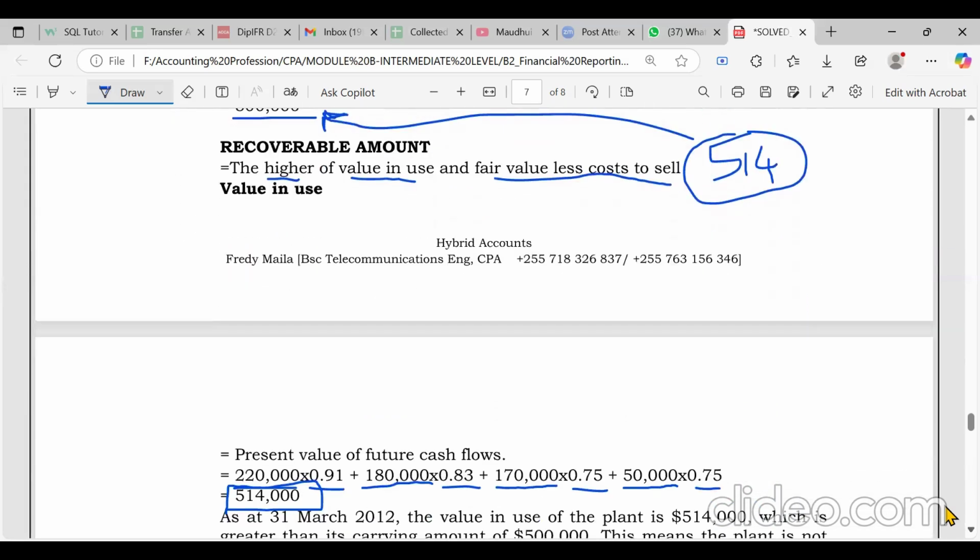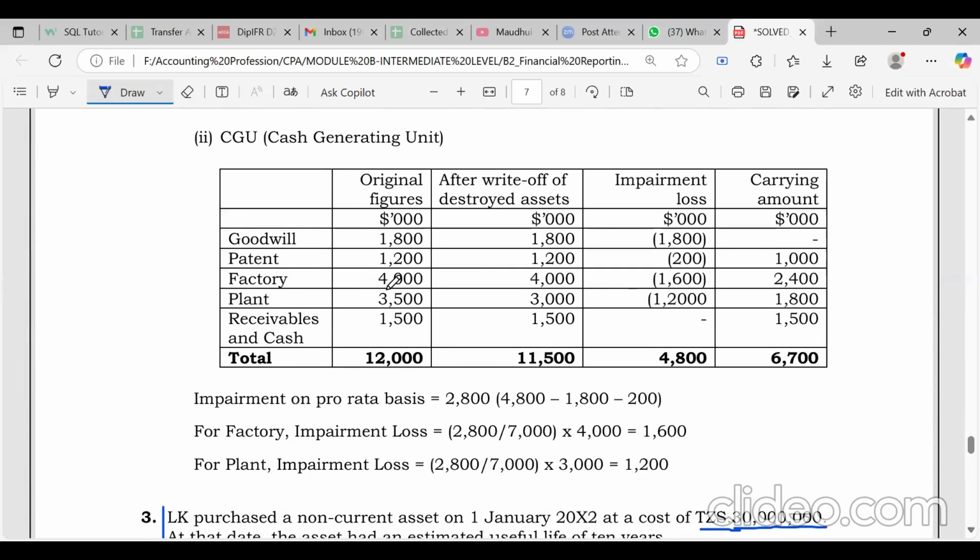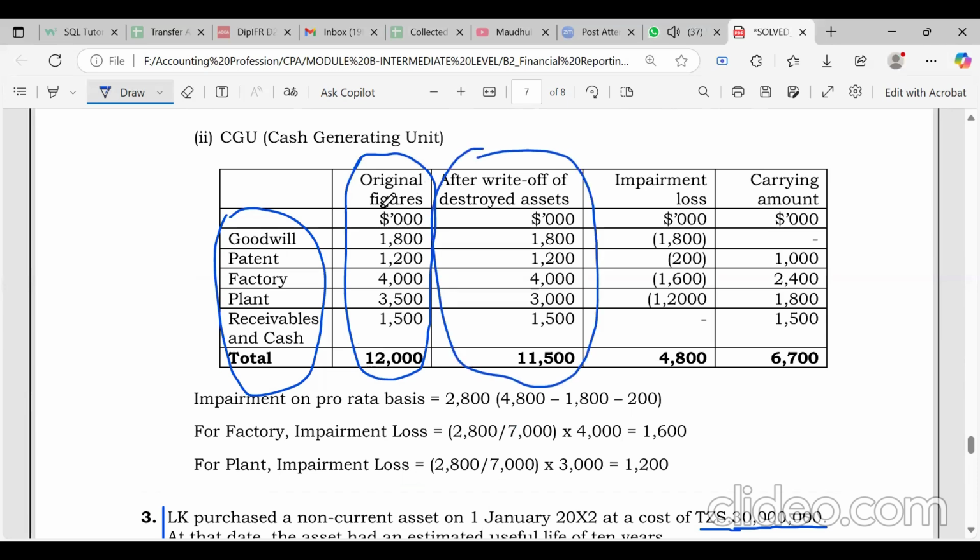So you can just go down here and see what we do. We put our assets here, copying the original cost into the chart. First of all, you write down the obviously impaired assets. Goodwill wasn't touched, so you have everything left. Patent wasn't touched, factory wasn't touched. We are told part of the plant costing 500 was totally destroyed, so we removed 500 from 3,500 and obtained 3,000.